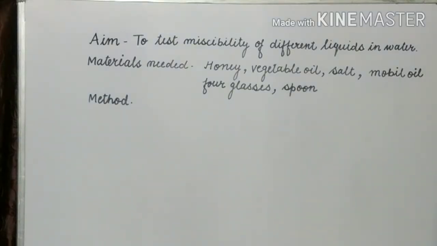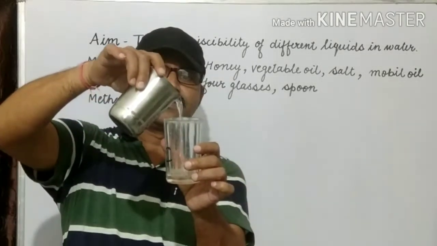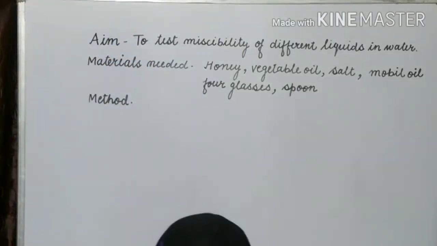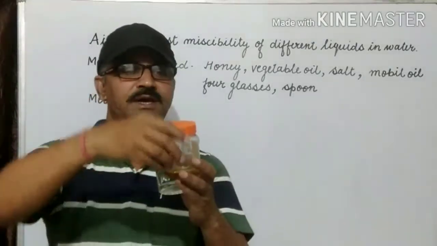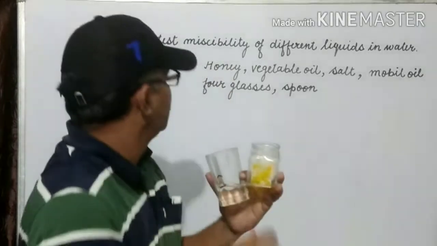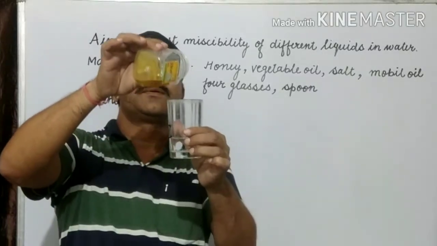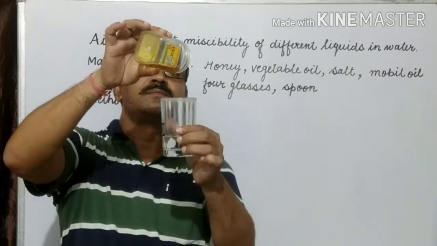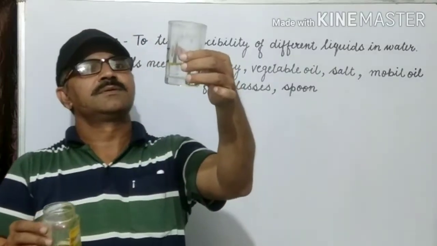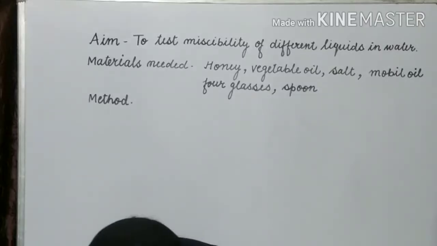In C glass, I pour the water. I put the other thing that we have taken, the vegetable oil. See, should I stir it?